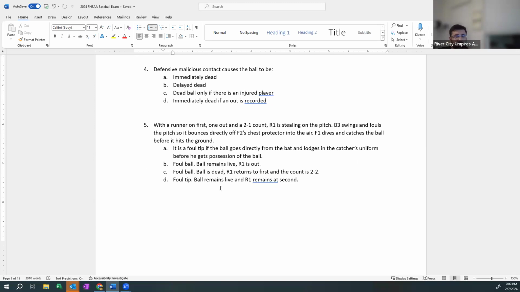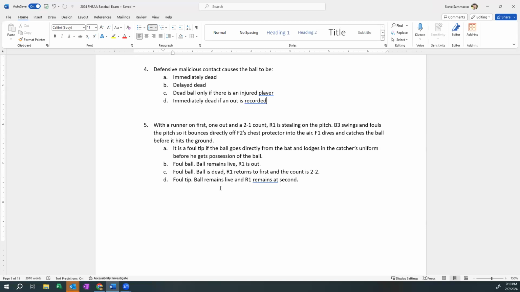What do we got? Runner on first. No, that's a foul ball. A pitch off the bat hits the catcher's chest protector and goes into the air. That's a foul ball. It's a foul tip.